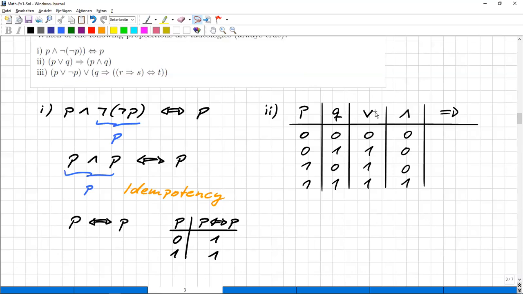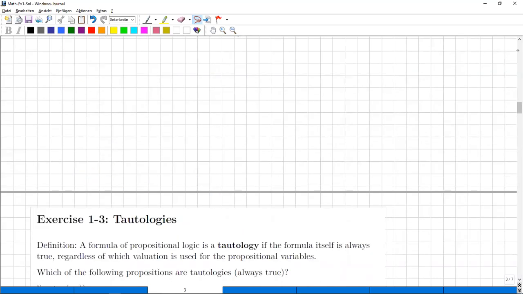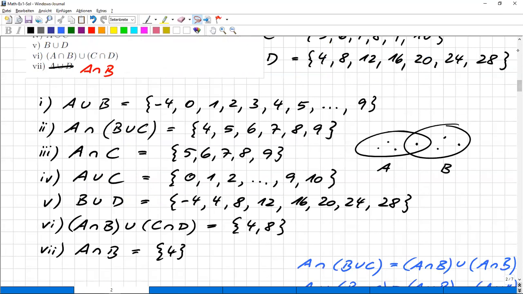It's also important if you take the analogy to set theory, because the union set corresponds to this OR, and actually it corresponds to the inclusive OR. You remember we had some elements in the union set before. The first example, it was the 4.